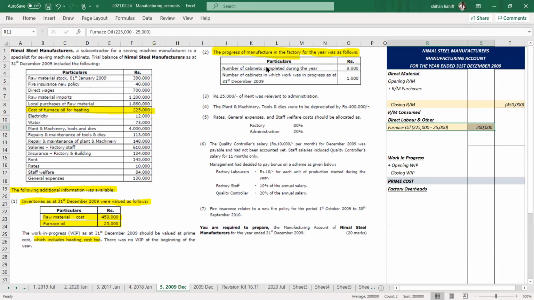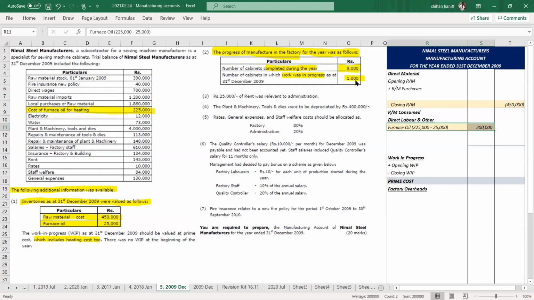Number of completed cabinets: during the year 9,000 completed. Number of cabinets in work in progress as at 31st December: another 1,000 cabinets, half done. So a total of 10,000 cabinets started during the year, 9,000 completed, and another 1,000 under progress, work in progress.